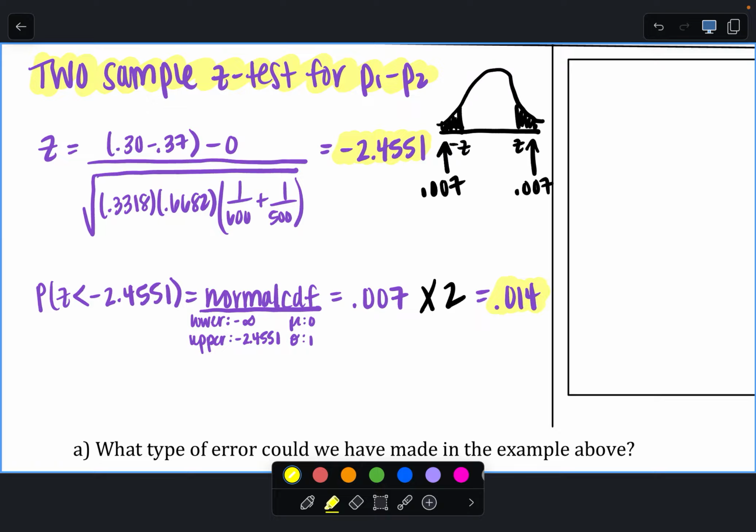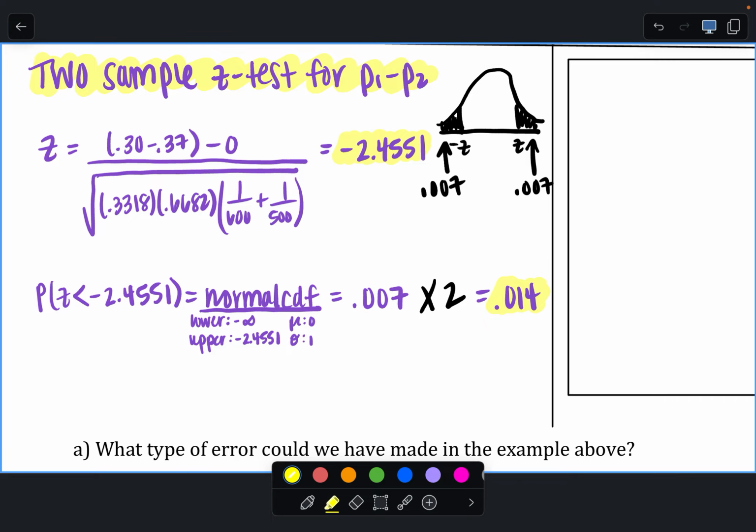Now, additionally, I will always recommend to write down all of the p-hats, just in case something went wrong and you plugged in the wrong value. They can at least see that, like, oh, their p1 hat is off, which is why this whole problem is off, versus they have no idea what you did and they have no idea where you went wrong.